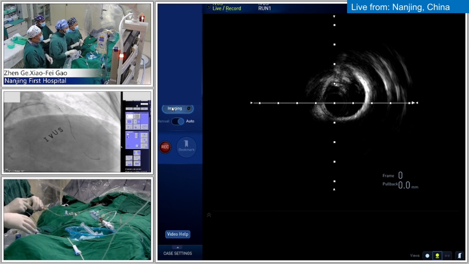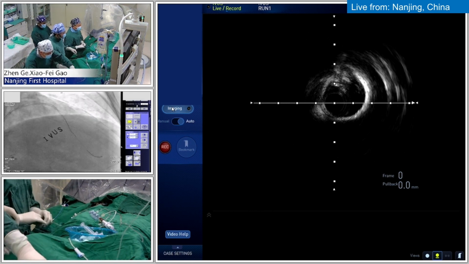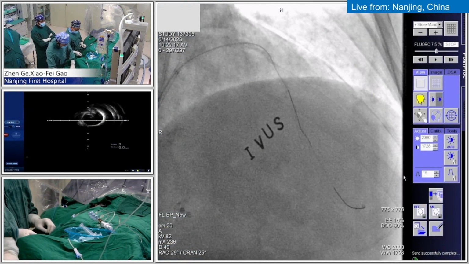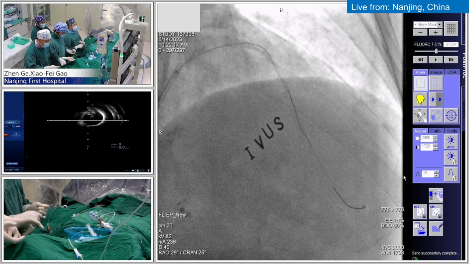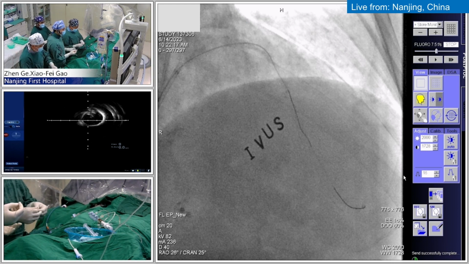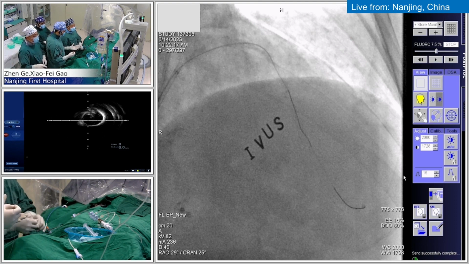So I want to use another 2.5 non-compliant balloon. That was a little surprising, considering how well the previous balloon had expanded there. This is the same middle LAD, just before the second diagonal, between the first and second diagonals.